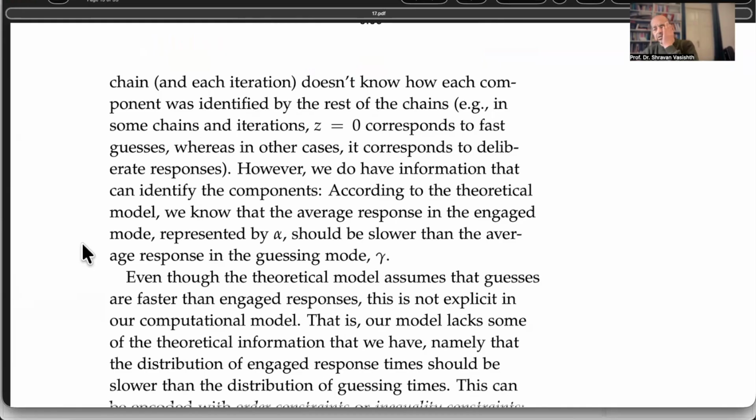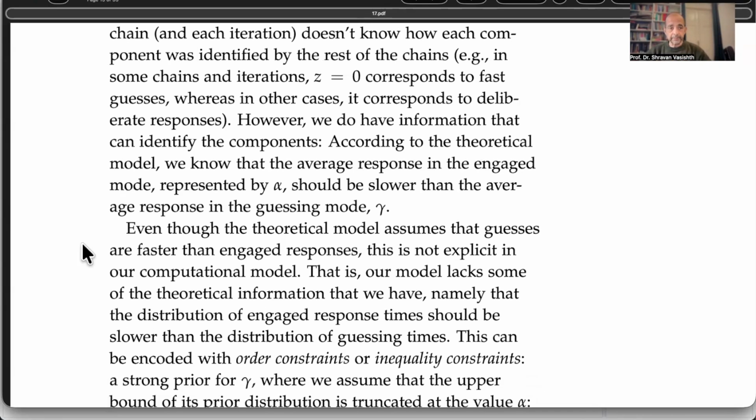And one of the things in the model that we ignored is an assumption of the model itself that we are basing the code on. The assumption is that when you're in fast guessing mode, you're going to be responding faster. So gamma is going to be a smaller value than alpha.